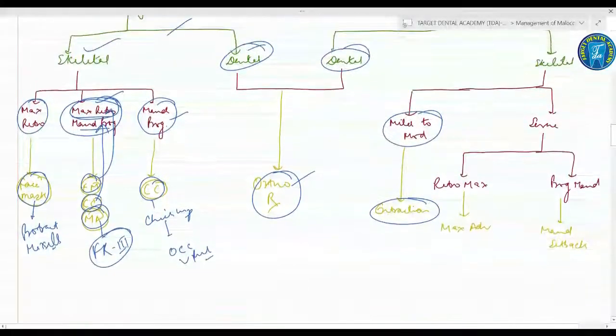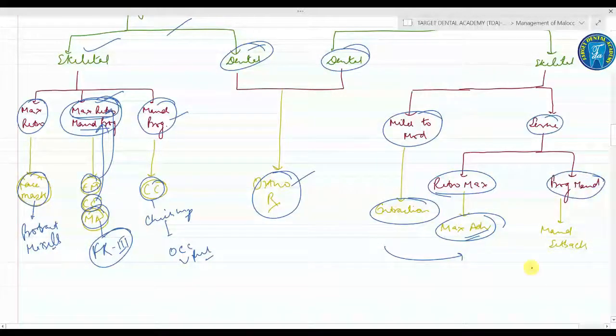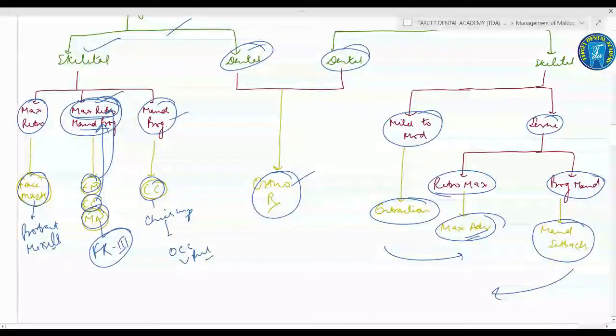And if it is severe, and it is due to the retrognathic maxilla, in that case you have to take the maxilla out. It means you have to advance the maxilla. So in that case you will go for the maxillary advancement surgery. And for the prognathic mandible, you need to retrude the mandible, you need to set back the mandible. In that case you will go for the mandibular setback.